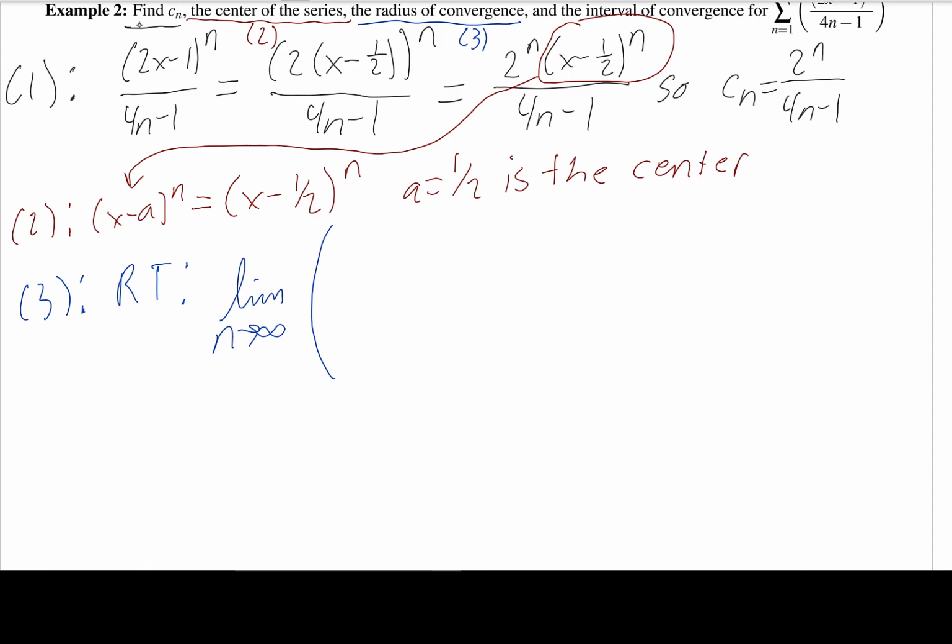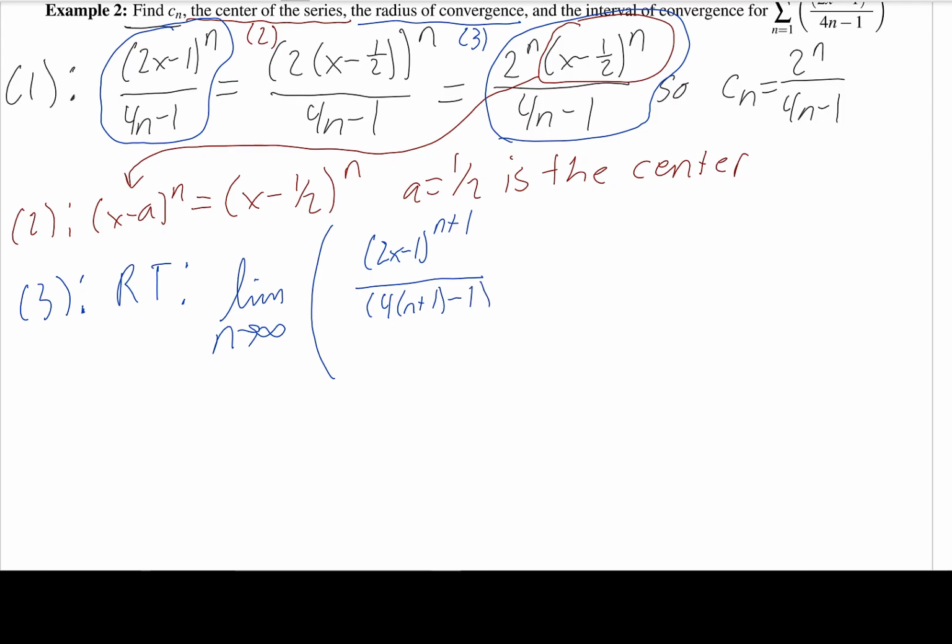I'm not going to use this new way that we wrote the series. I'm going to stick with this original form. So we'll have 2x minus 1 to the n plus 1 over 4 times n plus 1 minus 1, over 2x minus 1 to the n divided by 4n minus 1.